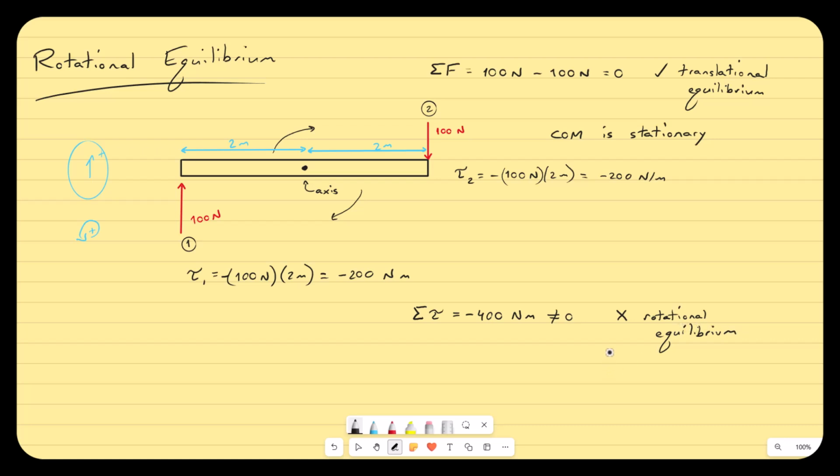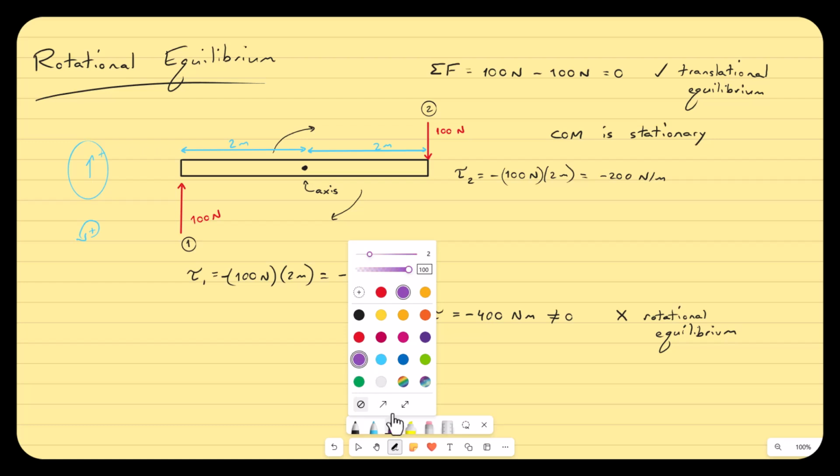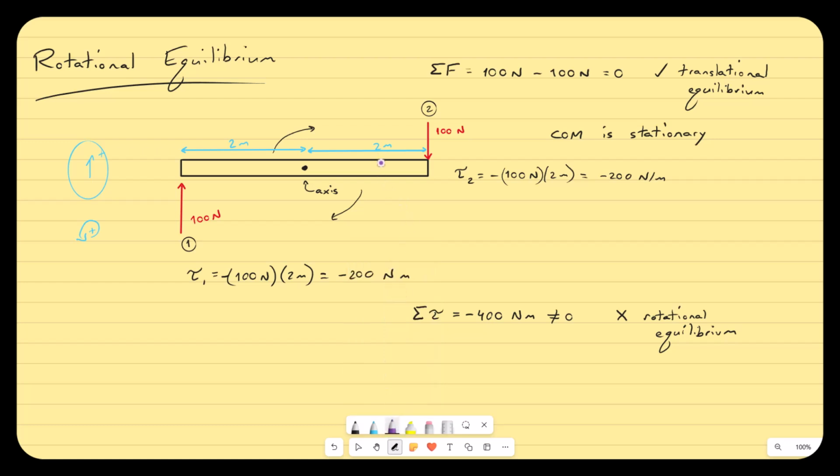So the next question, how do I make it be in rotational equilibrium? Well, I'm going to add one extra force, and I'm going to put it in purple to be an unknown force, and I will put it here. Force 3. I will put that at a location that is maybe 1 meter from the axis.